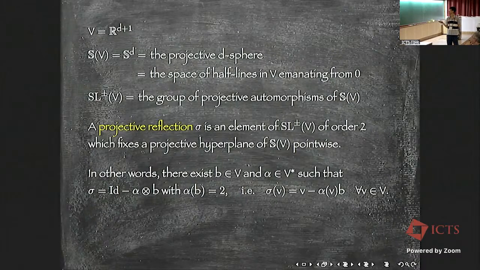Then you can easily see that a vector in the kernel of alpha is a fixed point. And if you put in b, then this becomes b minus 2 times b, so it's minus b. The vector b is sent to minus b. So this is the reflection.